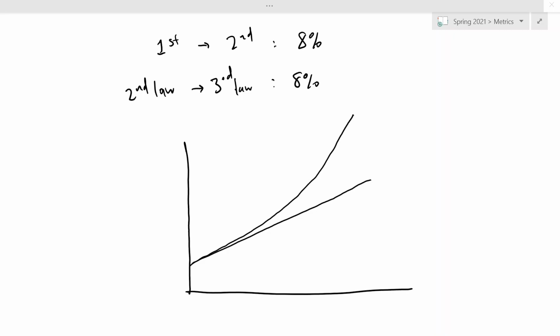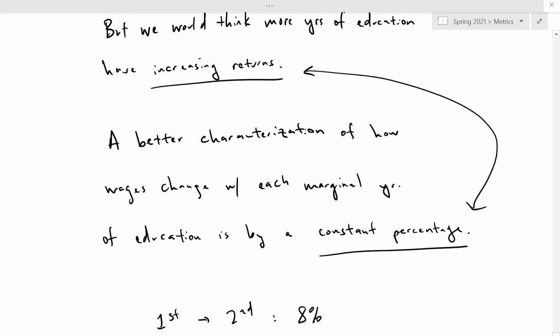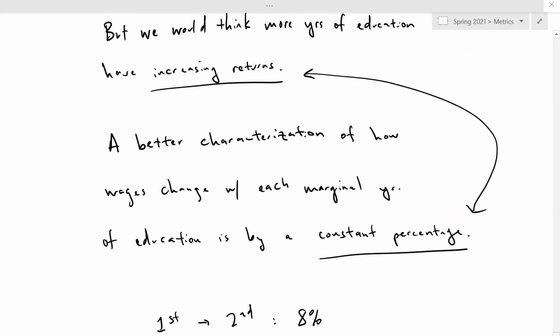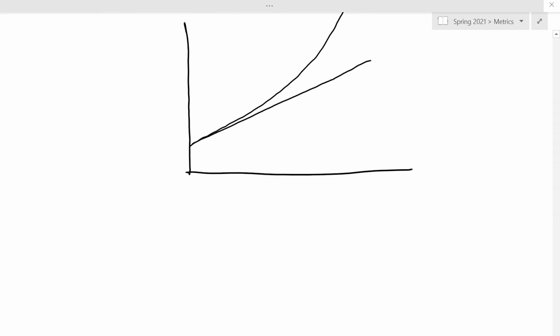And in doing so, we're going to get a more appropriate model. A better characterization is through constant percentages, and a log level model will approximately give us constant percentages.